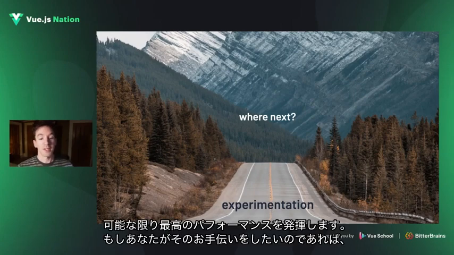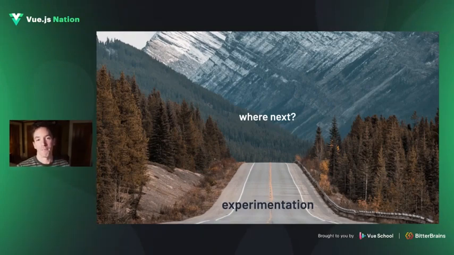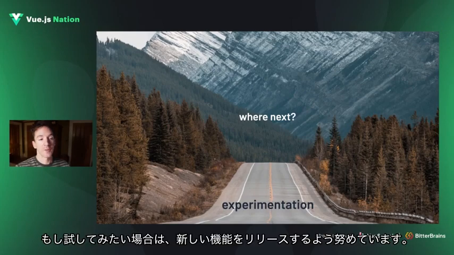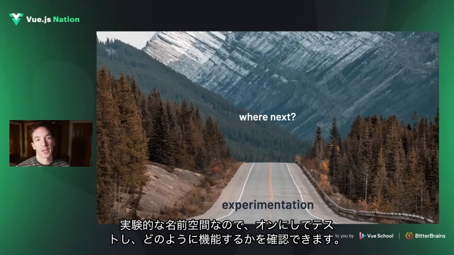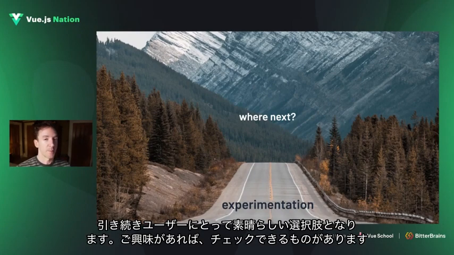And if that's something that you'd like to help with, I'd love the additional hands or ideas, whatever you might have to offer. And if you'd like to play around and experiment with it, we try to release new features under an experimental namespace, so you can flip them on, test them out, see how it does for you, and then give feedback. That's incredibly helpful as we can figure out how to make Nuxt continue to be a great choice for our users.